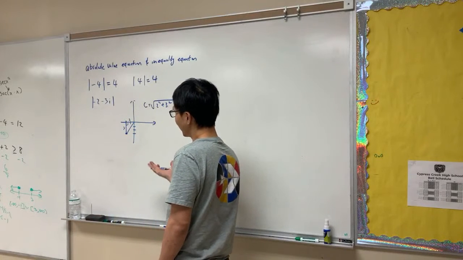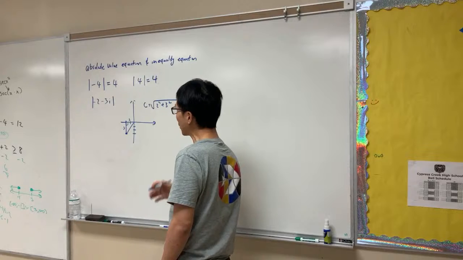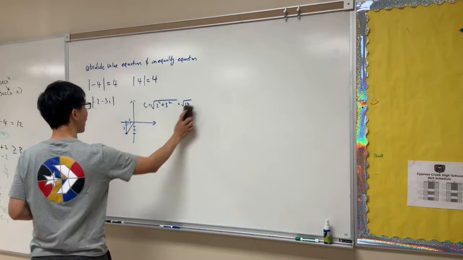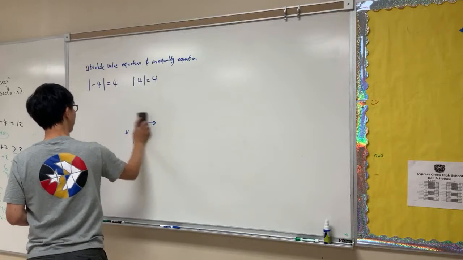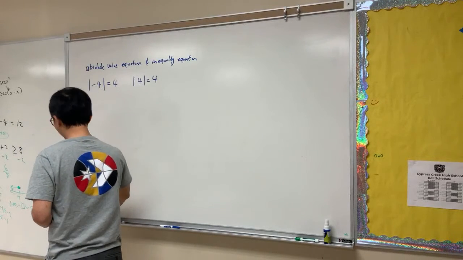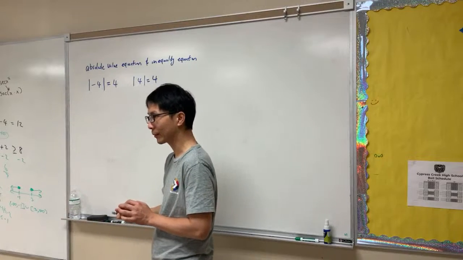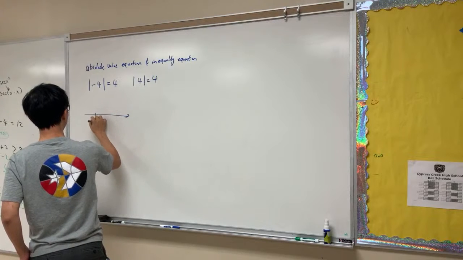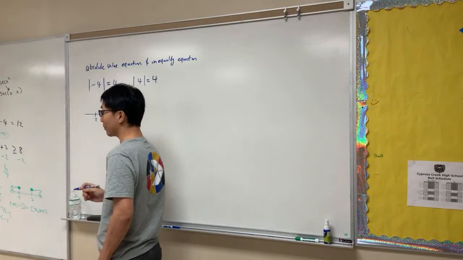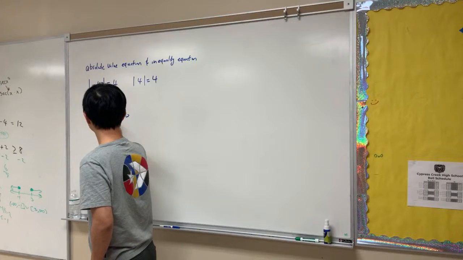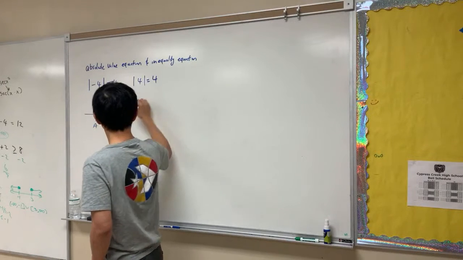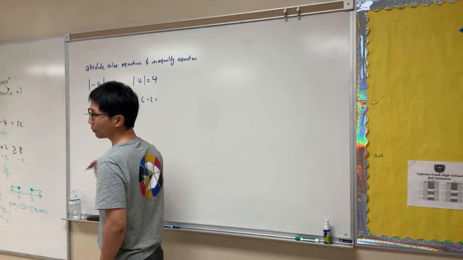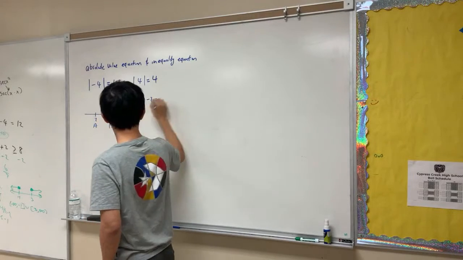But that was the complex number. What's the general absolute value? You have to know how to calculate the distance. So for example, if I have a distance from 2 to 6, what's the distance between A and B? 4. We know that. I know it's 6 minus 2, a bigger number subtract a smaller number, equal to 4.